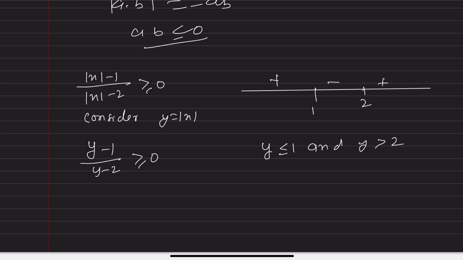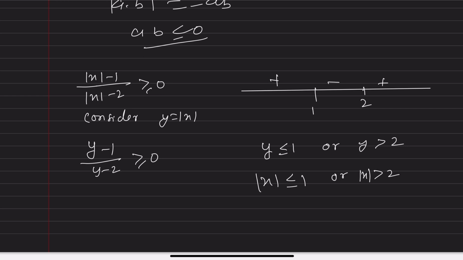Got it? Now y equal to mod of x, so mod of x should be less than or equal to 1 or mod of x should be greater than 2. Here I don't have to use and, I can say or, because it is a union, defined for both the values. Sorry, here I have to put mod of x.